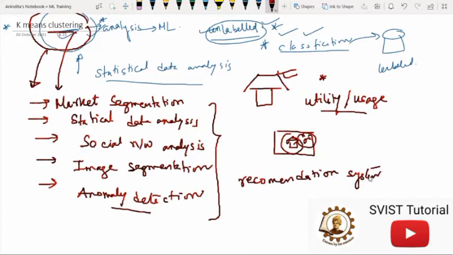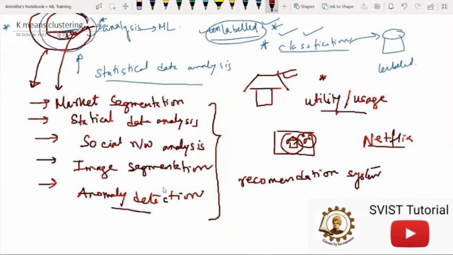Netflix also uses the same technique to recommend movies and web series to its users as per their watch history. They are typical examples of machine learning algorithms. Netflix and Amazon both are using clustering algorithms for this type of activity, right?